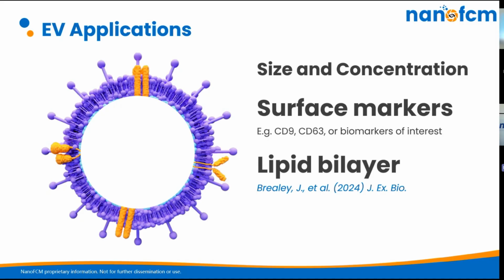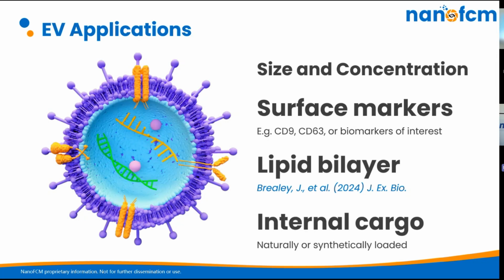As I mentioned, we can look at the lipid bilayer, and we've cited a paper here from our own team where we can selectively stain lipid bilayer and distinguish it from common contaminants in extracellular vesicle samples such as VLDLs, LDLs, and VLPs. We can also look at internal cargo through permeabilization fixation, whether that's naturally or synthetically loaded for therapeutic purposes.